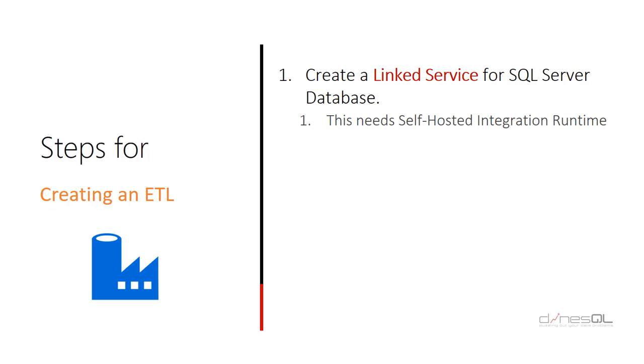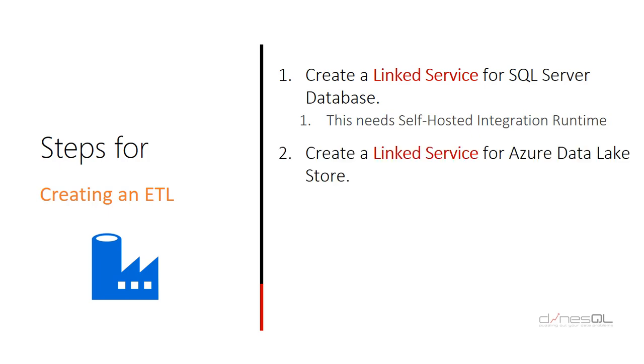Again, this has been discussed in detail in the previous video. If you have no idea about self-hosted integration runtime, please watch the previous video. I have already installed self-hosted integration runtime on my machine, so I'll be using that for connecting with my SQL Server. The second step is creating another link service for Azure Data Lake Store, because that's going to be the destination. So we need to make sure we have a link service for Azure Data Lake Store.